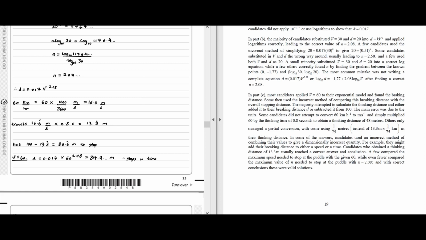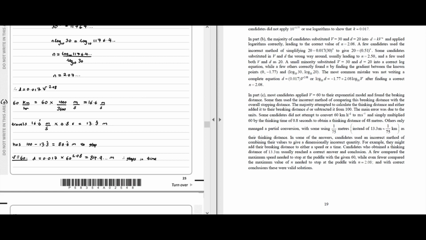Remember, the different units should be alarming to you. Some candidates did not attempt to convert the 60 kilometers per hour to meters per second. Other things that were said were that the candidates managed a partial conversion, with some using 1/75 meters instead of 13.3 meters as their thinking distance, and some candidates used an incorrect method of combining their values to give a dimensionally incorrect quantity.